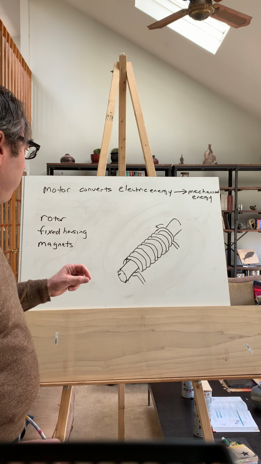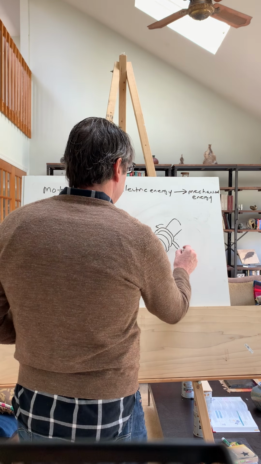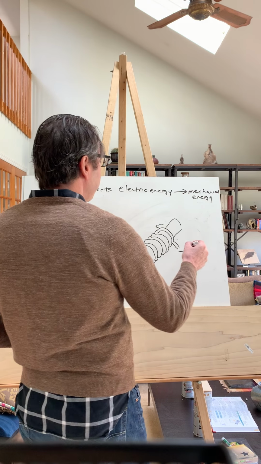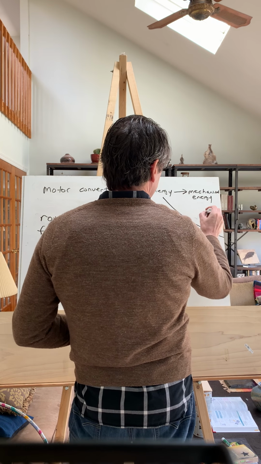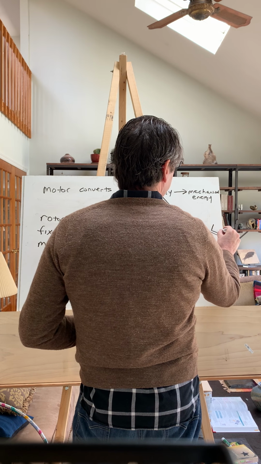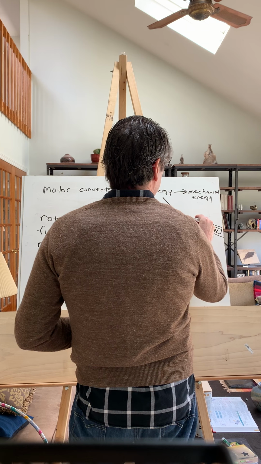So for example, we can have an electric source like this. You could say that we need a power source too. And you could have your rotating element like this. And we could fix magnets to it, alternating the polarity.